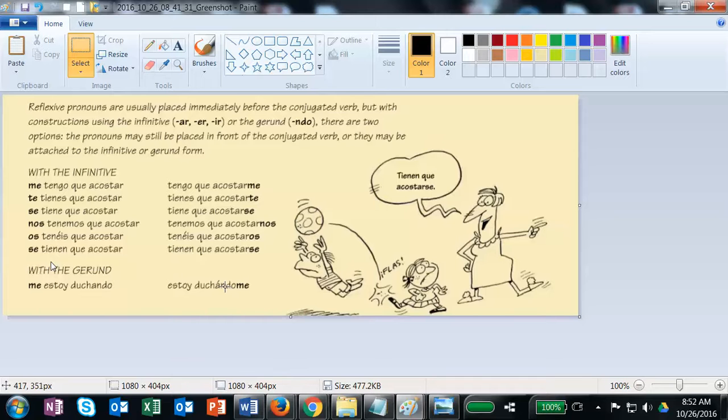But then you have to add in a written accent mark when you do that, because wherever the accent fell in the original word, which ends in O, so it should be the second to last syllable. When we add more syllables to the end, we want to keep the stress where it was before we added those extra words. So you have to write in a written accent mark where it fell without the written words.